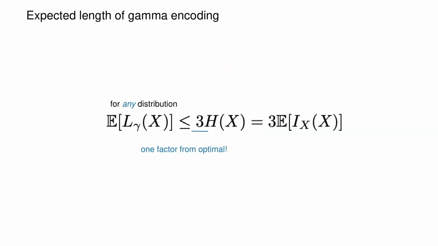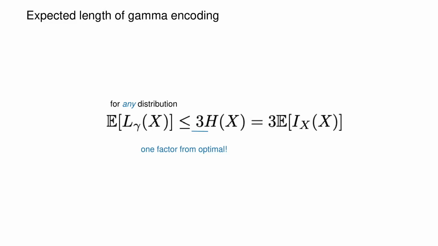We saw that the gamma encoding is optimal for absolutely any distribution of the input, which is very remarkable, within a factor of 3. So this is called a universal encoding. If you take, for example, the thermometer encoding, it's very bad for most distributions, but it turns out that the thermometer encoding is optimal for geometric distributions, negative powers of 2.